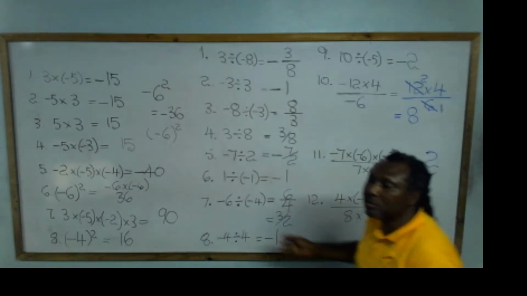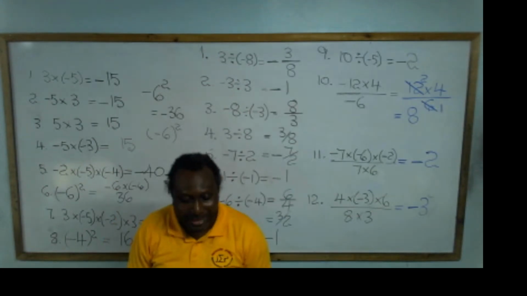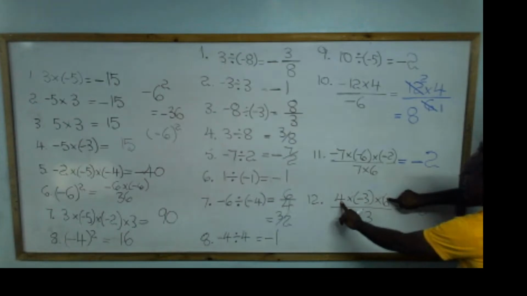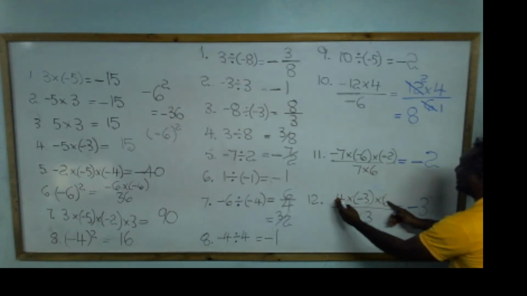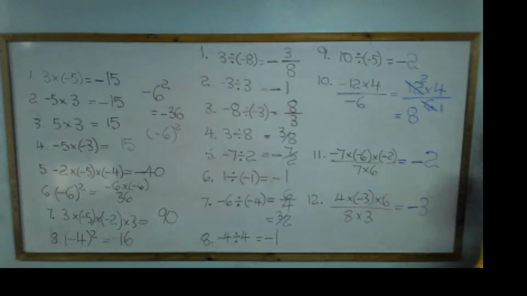You do not have to start to chop numbers like that. You can see that 4 times 6 is 24. 8 times 3 is 24. So the 4 times 6 will cancel with the 8 times 3 and all that will be left is this 3. And that's all there is to it.